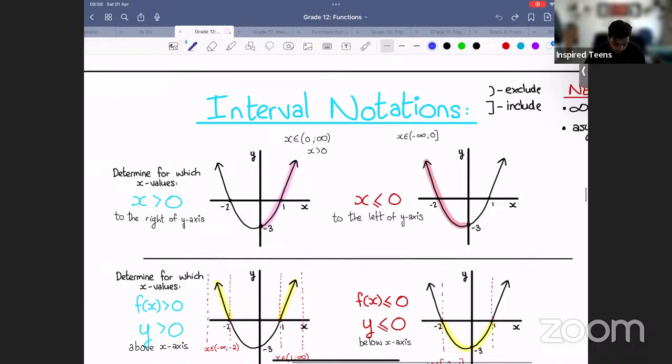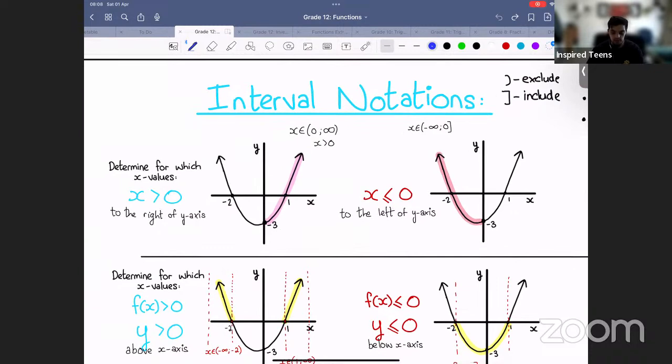Okay, so let's have a look at what we discussed. Firstly, we determined the x values for which x is greater than 0. First we need to understand where in the Cartesian plane you will find x values greater than 0. You will find them to the right of the y-axis.